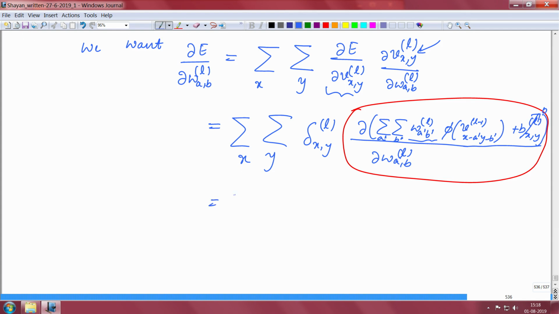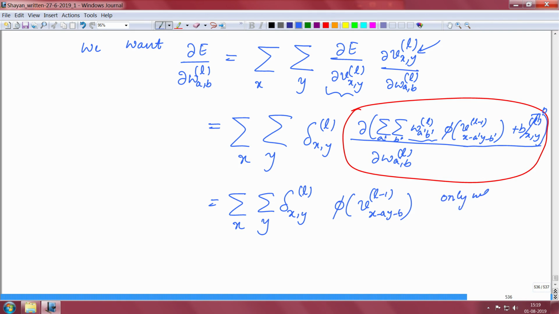Therefore, we can write, so this happens only when a prime is equal to a and b prime is equal to b.